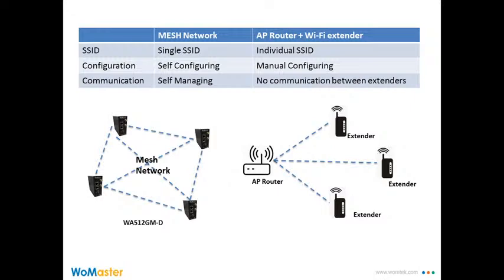It reduces the cost of building up the network. With self management, each node can know the status of the other nodes, so it can find the best routing path and improve the performance of the network. We will talk more in the next page.